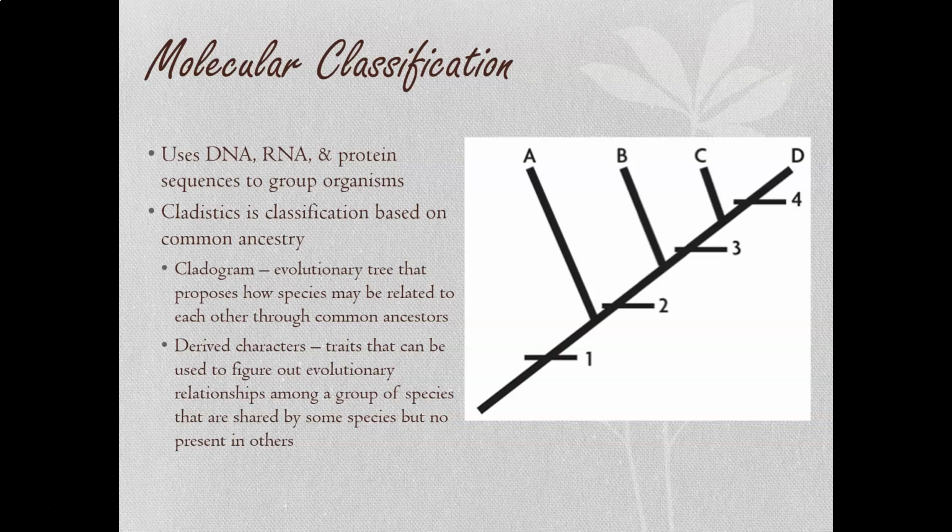We are going to continue our discussion on classification and really start layering in that molecular data, that DNA, that RNA, that protein information. Because remember, we talked about the fact that DNA exists in your nucleus, right? That information is what's passed on from your parents, it's your set of instructions.